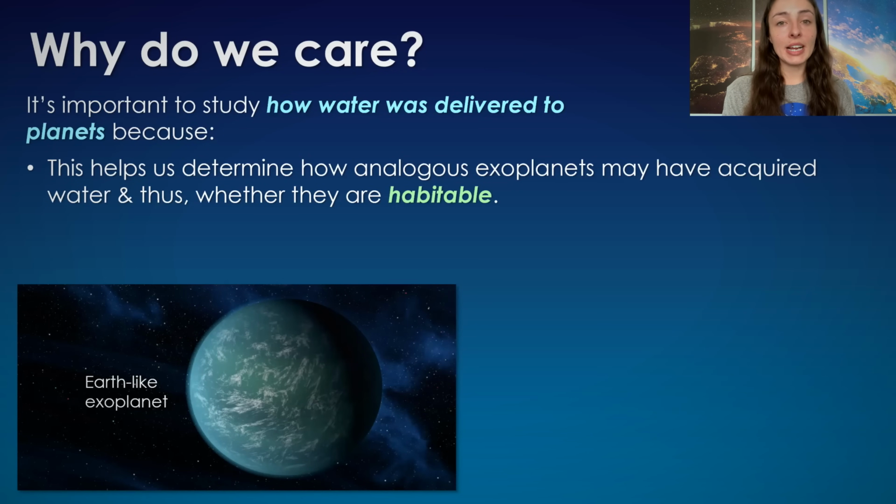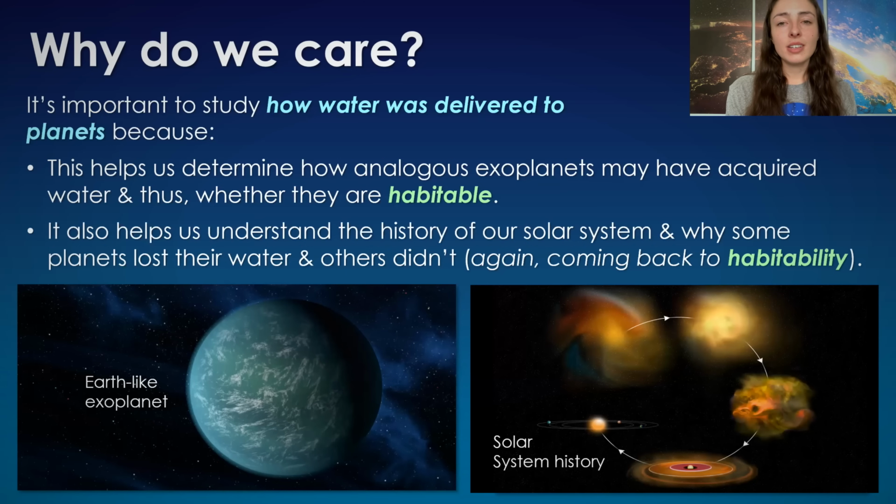Well, understanding how and why Earth got water and retained it is really important when we're looking at exoplanets, planets in other solar systems that may be analogous to Earth in its position relative to its star, because we need to know whether that planet has water to know how likely it is to have life, at least life as we know it. It also helps us understand the history of our solar system and why some planets or moons obtained water, retained water, lost their water, etc.